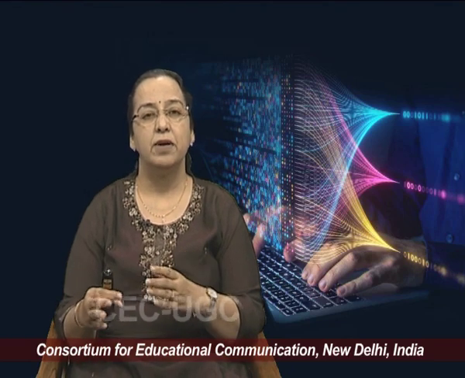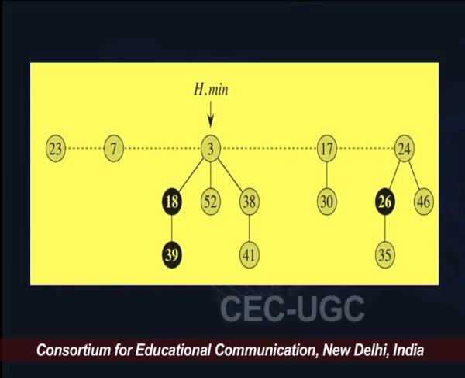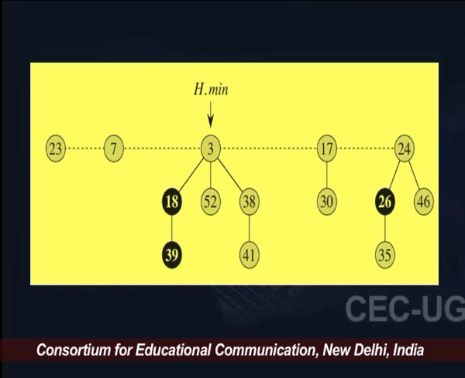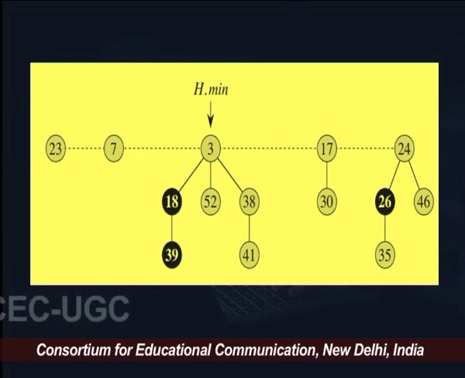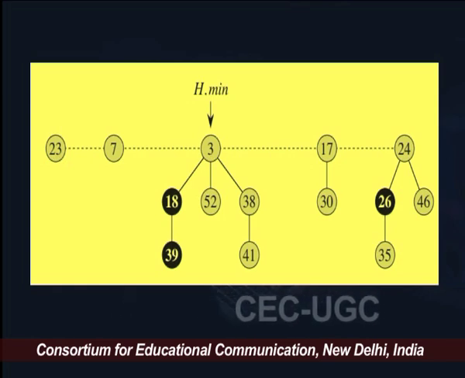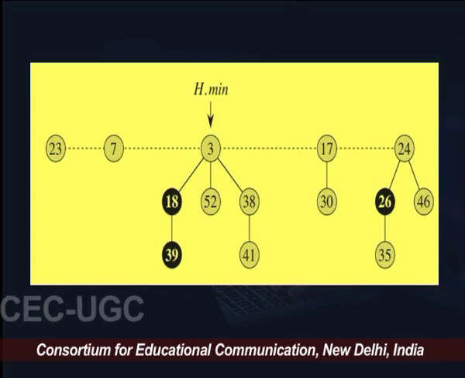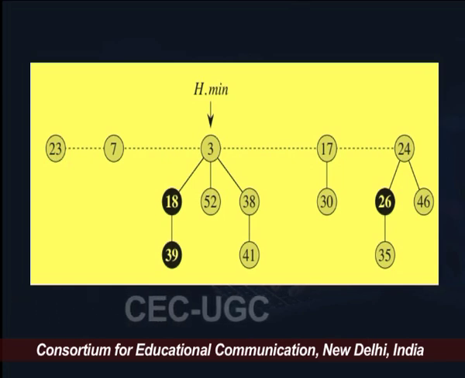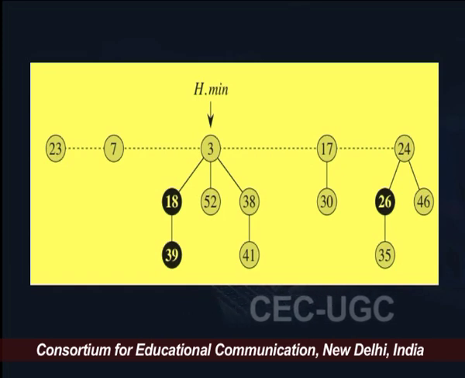So, 5 trees with different roots, and on the screen there is a pointer called H dot min, and it is pointing towards 3. As it is a min heap, the lowest element among each tree is going to be on the root. The roots of the 5 different trees in this figure are 23, 7, then 3, 17 and 24.